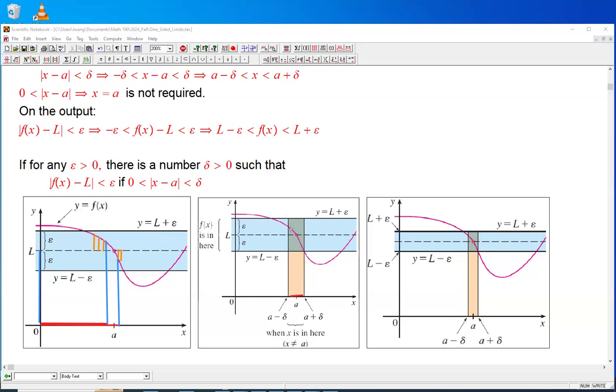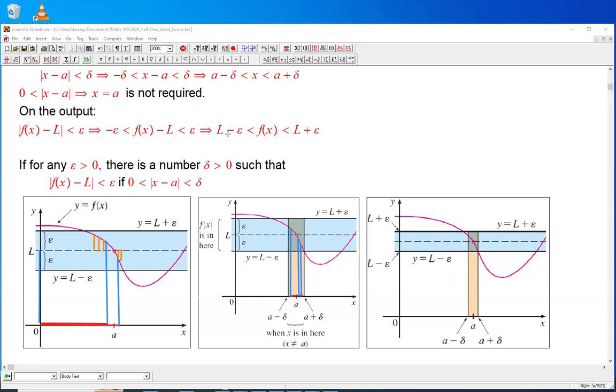All of these outputs have a difference with L within this epsilon strip, the double epsilon strip.